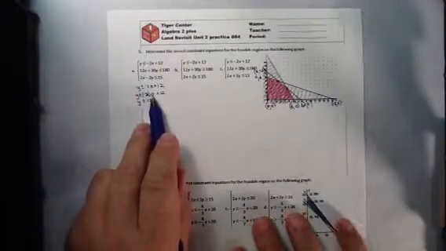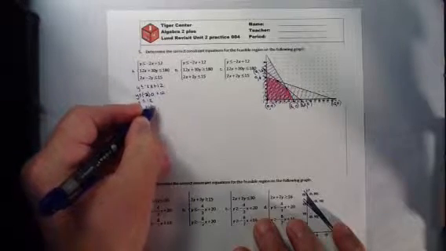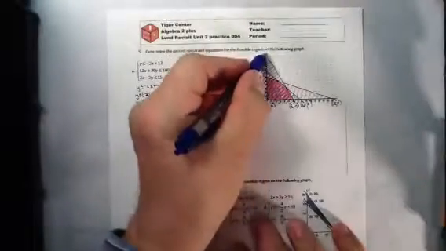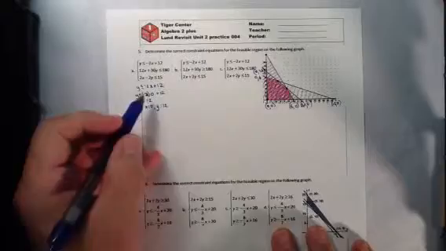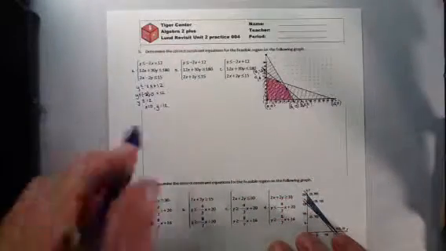So what intercept do we have? X is 0, y is 12. 0, 12. We might want to label that one. And this equation represents everything less than, so the bottom side.